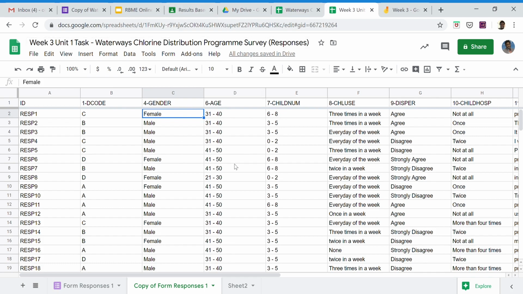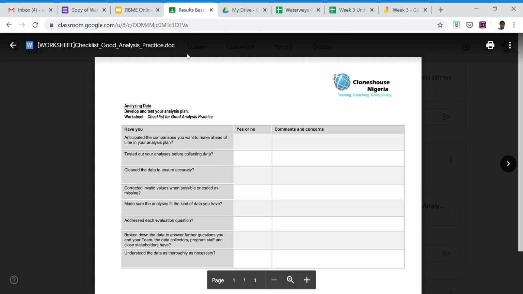So for instance, your indicators will show a whole lot, like trying to know how many within my sample size, which is 20, would have used chlorine in the last 1 week, or to purify water in the last 1 week. Things like that are important to think about.